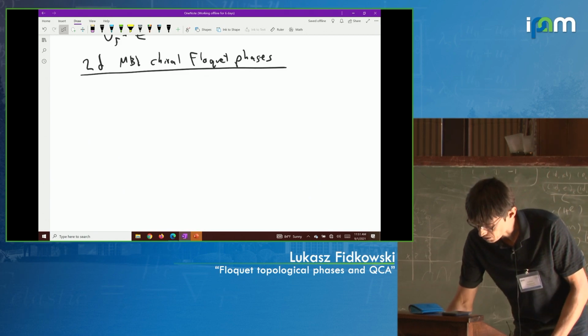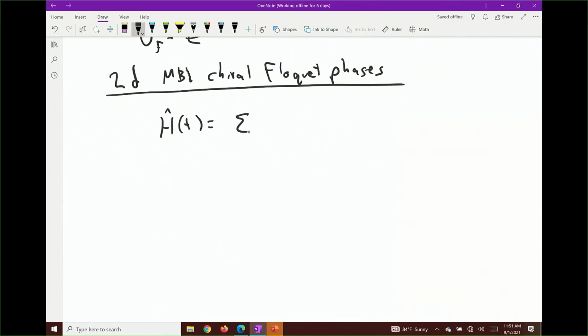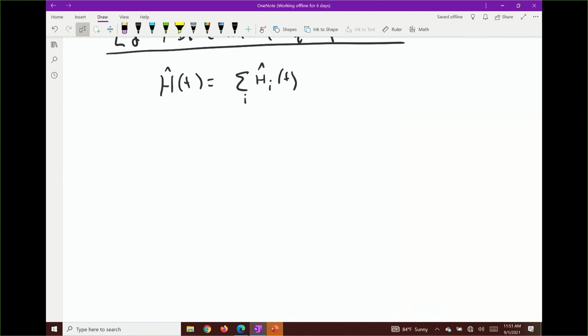So let's just write down what we have. We have a Hamiltonian that's a sum of local terms, and I can form the Floquet evolution, which I already wrote down, but let me rewrite it here: U_f = T exp(-i ∫_0^T H(t) dt).